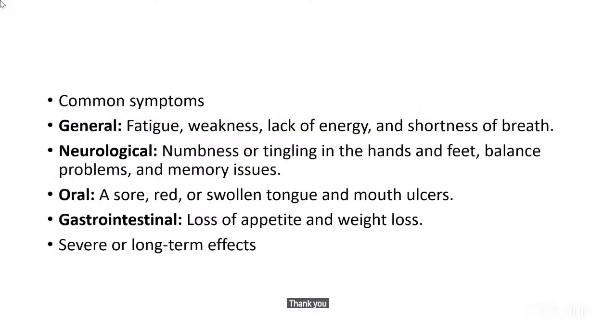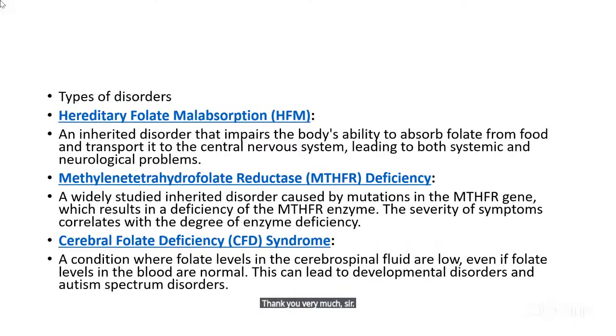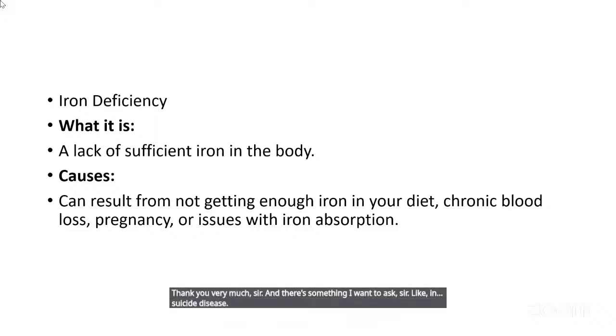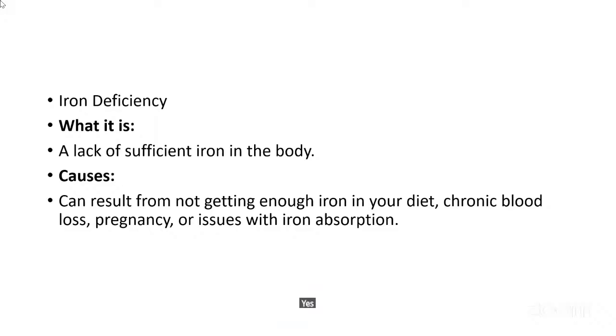Thank you very much, sir. There's something I want to ask, sir. In sickle cell disease, they need to take folic acid on a daily basis. Those that have sickle cell disease are not to take any drug that contains iron.